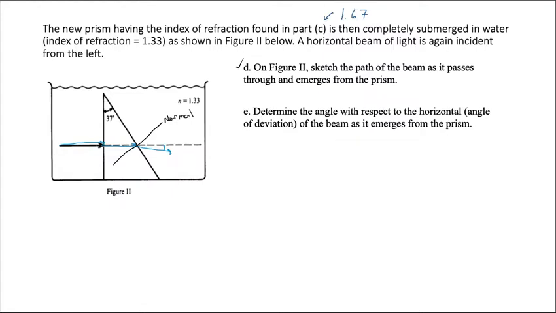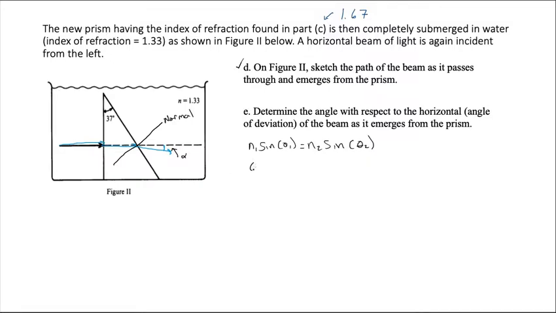Now we want to determine the angle. Again, this guy over here, we want to determine that alpha. It's going to wind up being just like before: n1 sine theta 1 equals n2 sine theta 2.